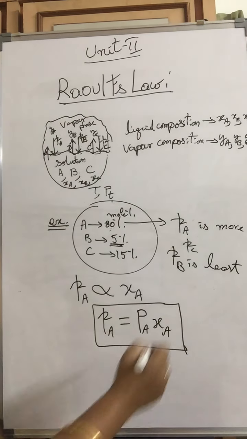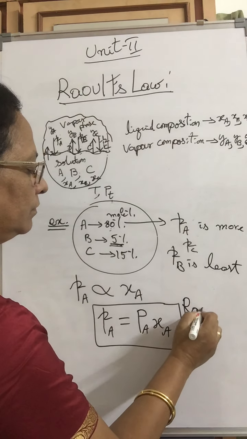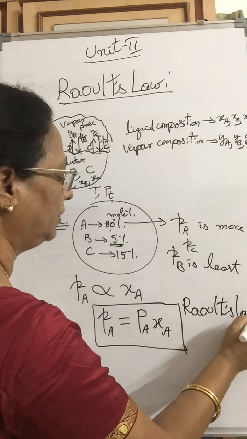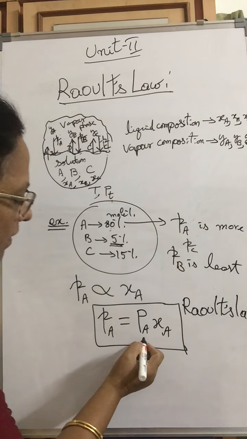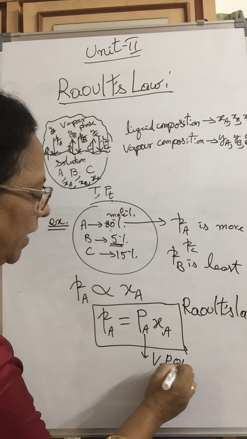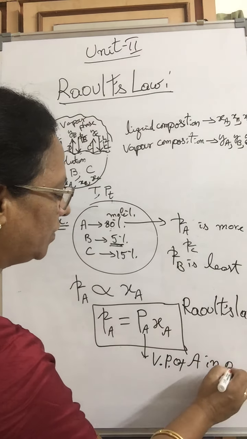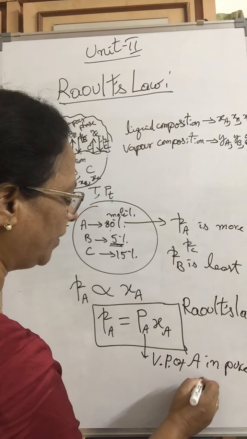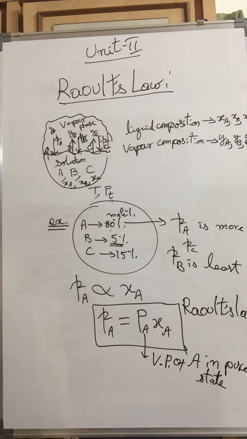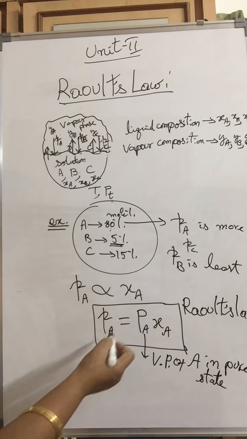This is Raoult's law. Then what is this PA-star? Vapor pressure of A in a pure state. So what is Raoult's law?